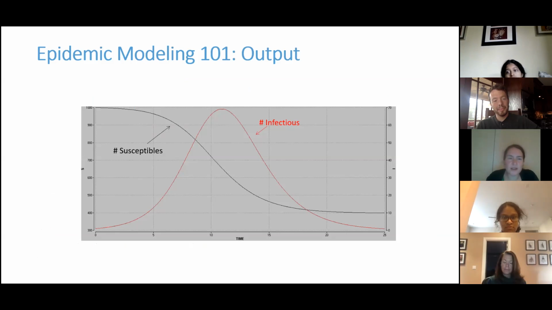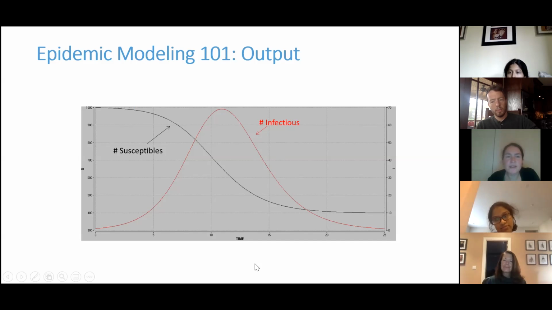This is just a toy example of output from that sort of model with some made up numbers: 1,000 susceptibles to start, 0 infectious to start. Running with some made up values for the Greek letters, the transition parameters, over time, we can solve the differential equations and estimate the numbers of people in each of those boxes, so number infectious, number susceptible, over time, to simulate an epidemic.